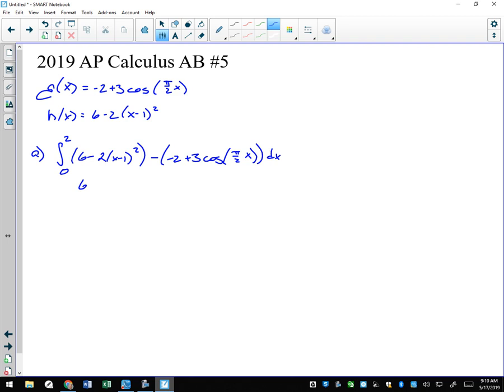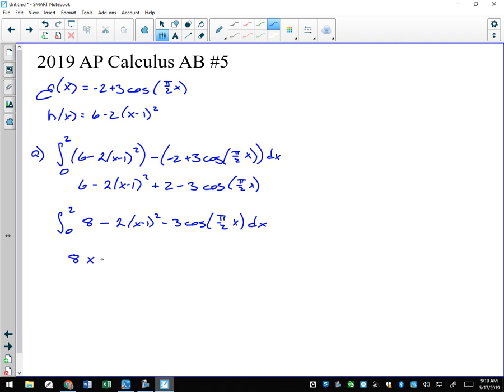I'm going to clean this up before I actually integrate it, though. Distributing, that will be plus 2 minus 3 cosine pi over 2 x, which will be 8. So we're going to do the antiderivative from 0 to 2 of 8 minus 2 (x minus 1) squared minus 3 cosine pi over 2 x. And we have a couple of u subs in here, but they're fairly straightforward u subs. This antiderivative is going to be 8x minus.